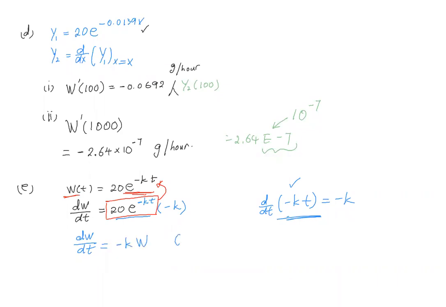So I have shown it. Class, are you okay? So the B is negative k. Everyone okay? So let's move on to question 12.